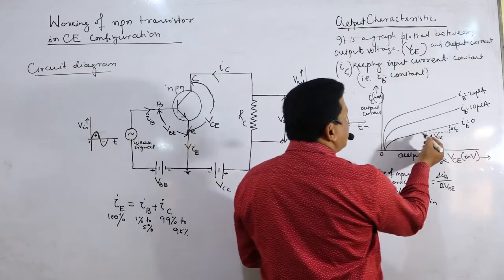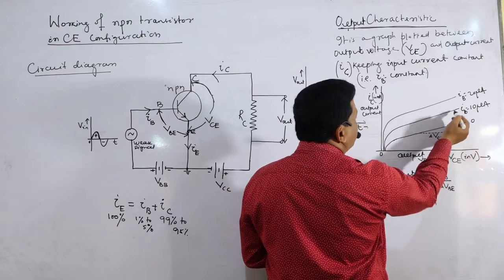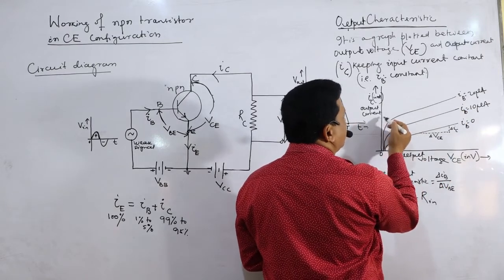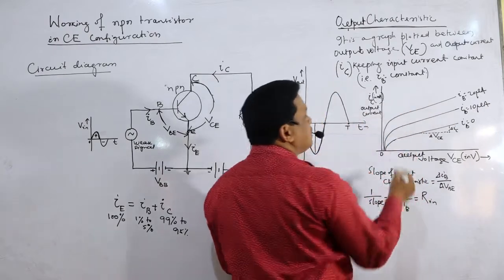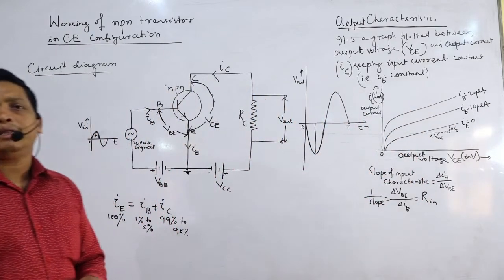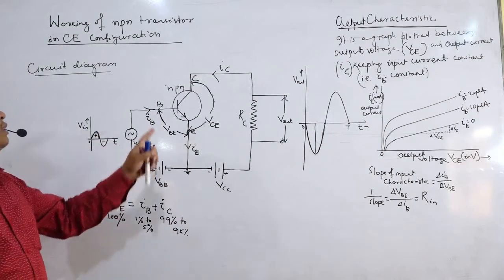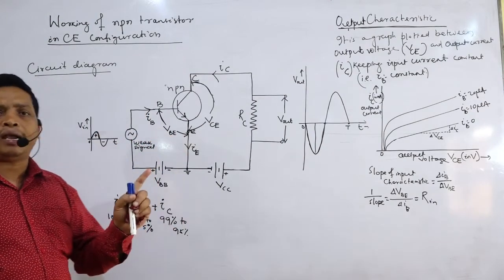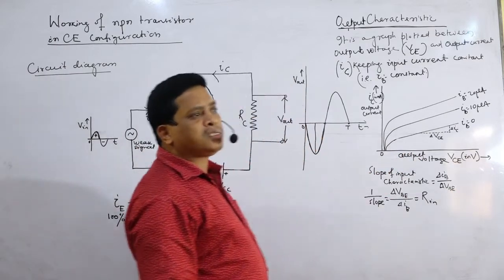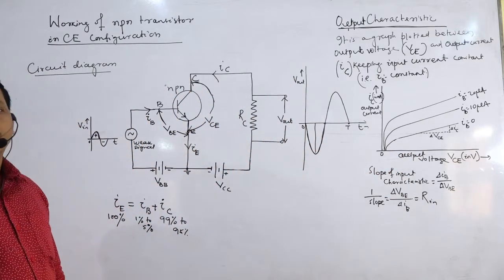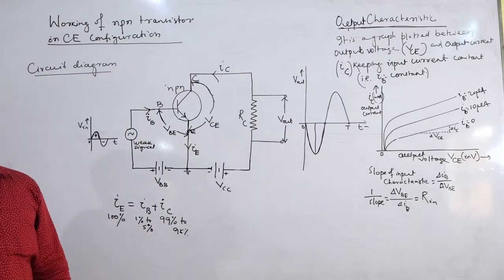But when the input current is raised from 0 to 10 microampere, suddenly the output current increases. Again, if you change by 10 microampere, again the output current changes. That means the output current, that is collector current, is mainly controlled by the input current, that is base current, but not by output voltage. So output voltage does not control the output current. Hence we can say that the transistor is a current control device.